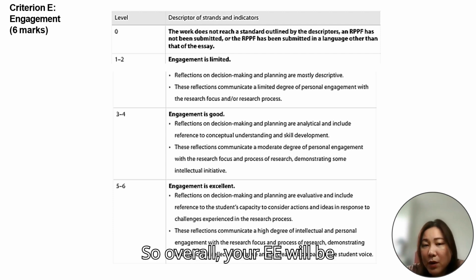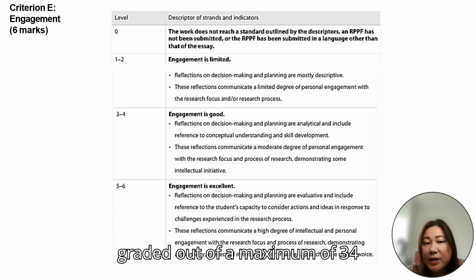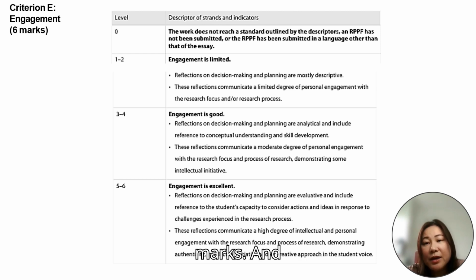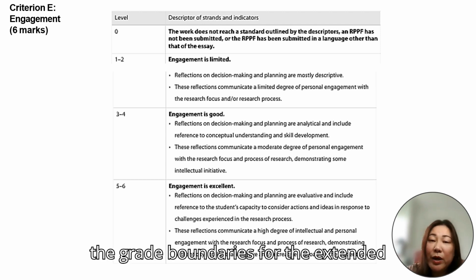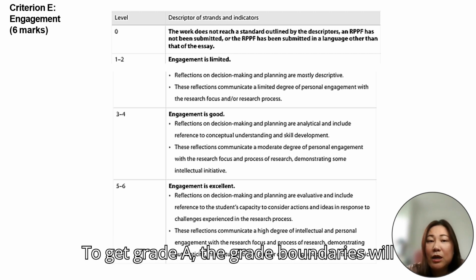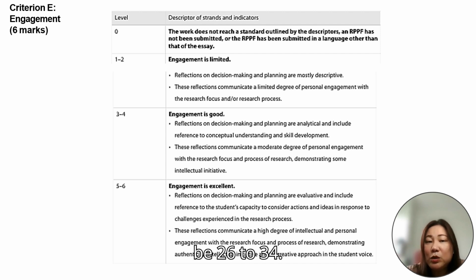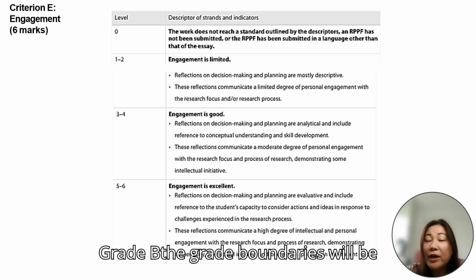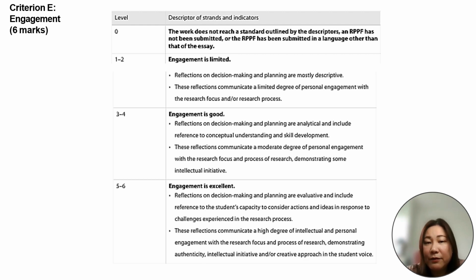So overall, your EE will be graded out of a maximum of 34 marks. And the grade boundaries for the extended essay are usually as follows. To get grade A, the grade boundaries will be 26 to 34. Grade B, the grade boundaries will be 20 to 25.